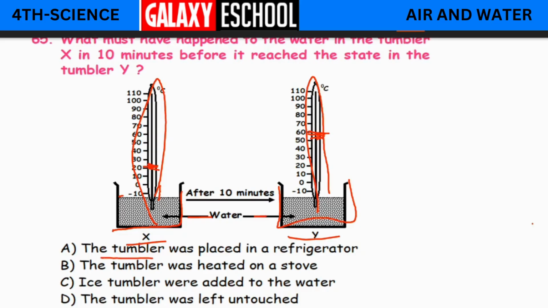Because the tumbler was placed in a refrigerator, the tumbler was heated on a stove, ice was added to the water, or the tumbler was left untouched. As I said in the beginning, the tumbler was heated on the stove. So when it was heated on the stove, the temperature of the tumbler water increased. So that is why the level of temperature also increased.